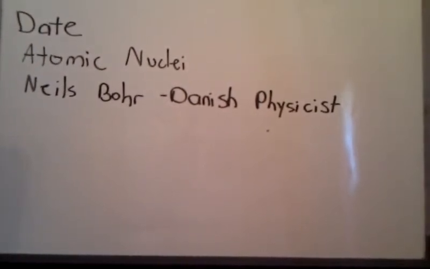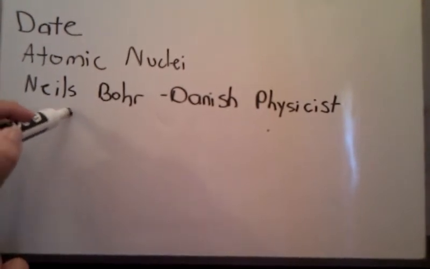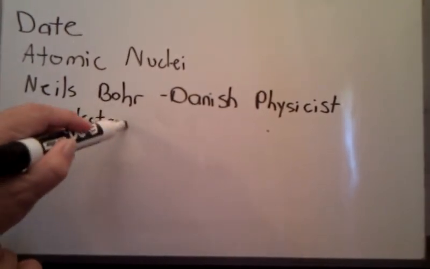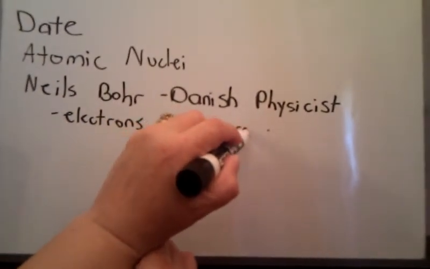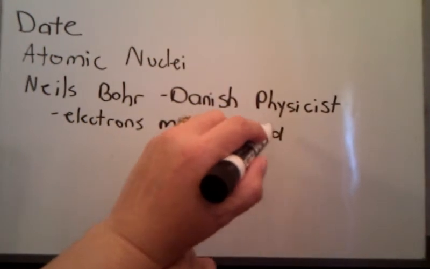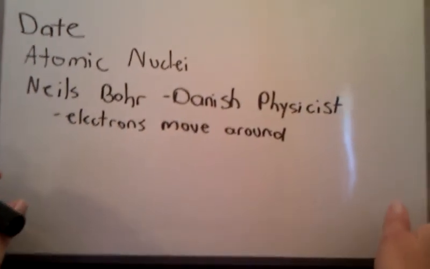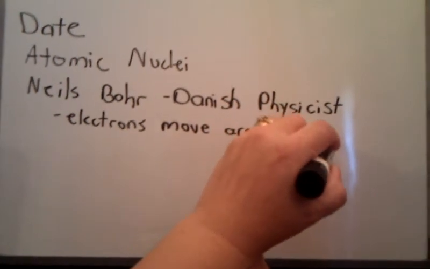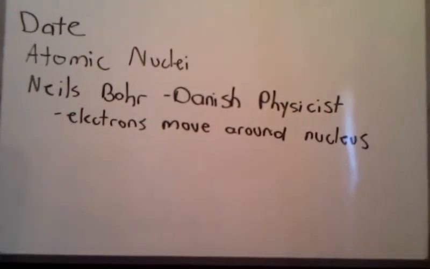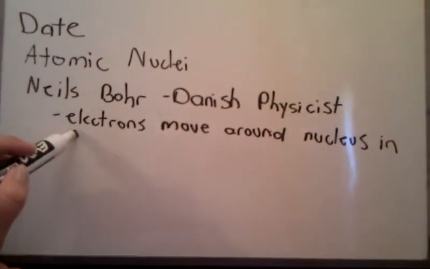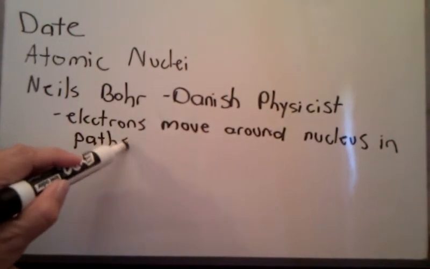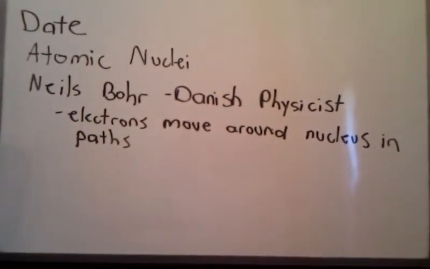He suggested that electrons move around the nucleus in specific paths. The atom is mostly open space.